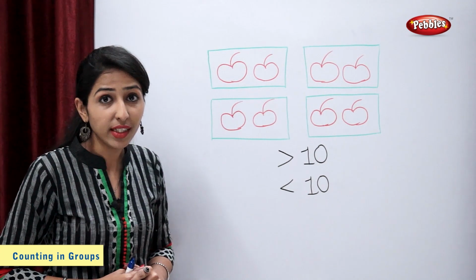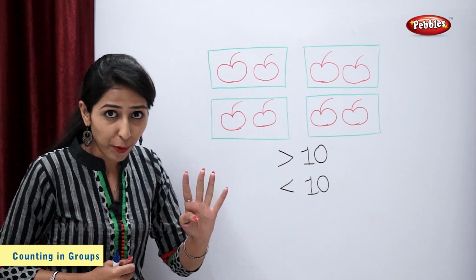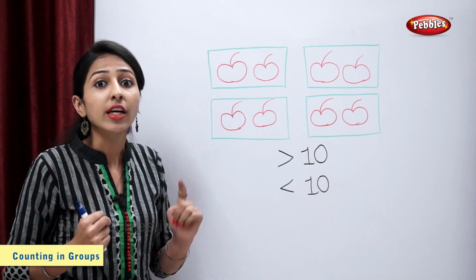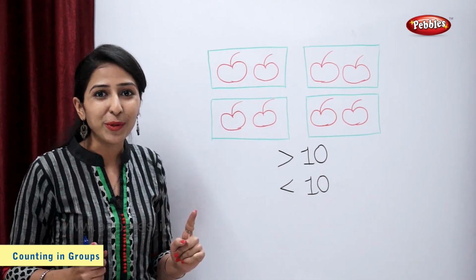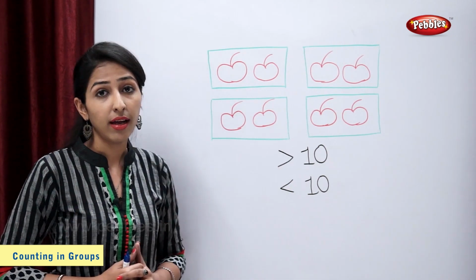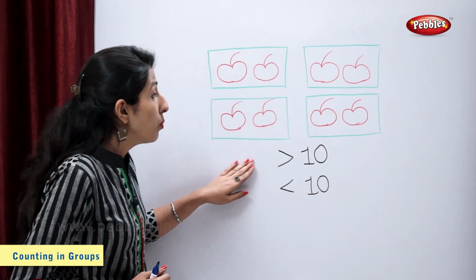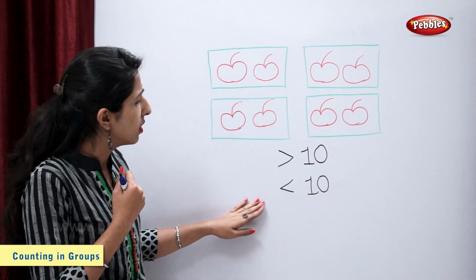So tell me students, how many total apples are there? 4 pairs containing 2 apples each. That is equal to 8. So there are total 8 apples. Tell me students, is 8 more than 10 or less than 10?